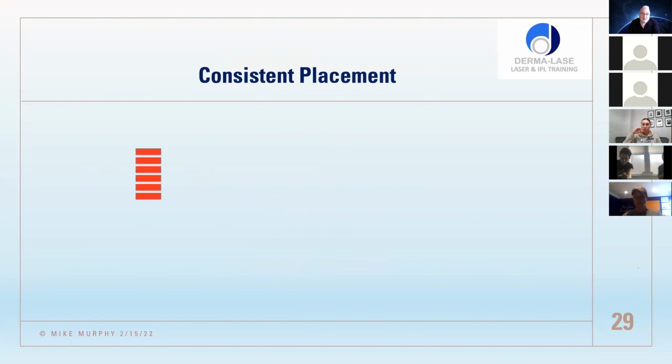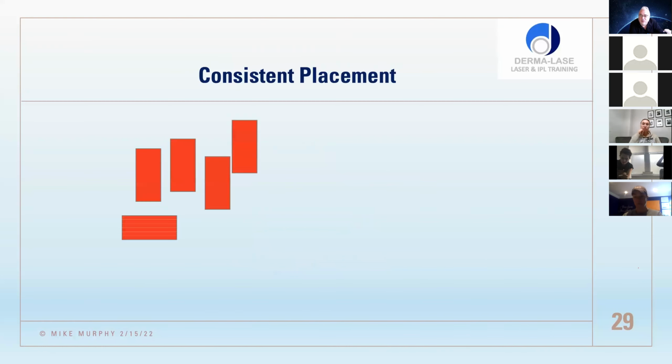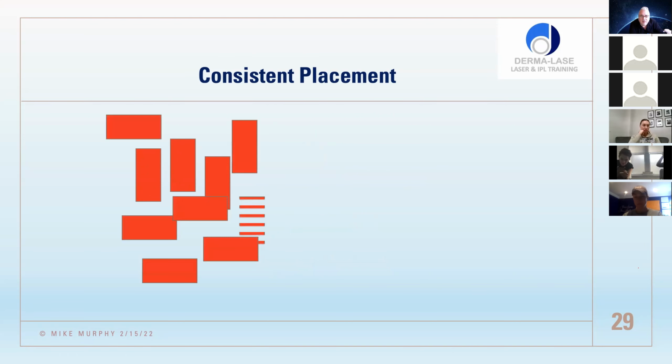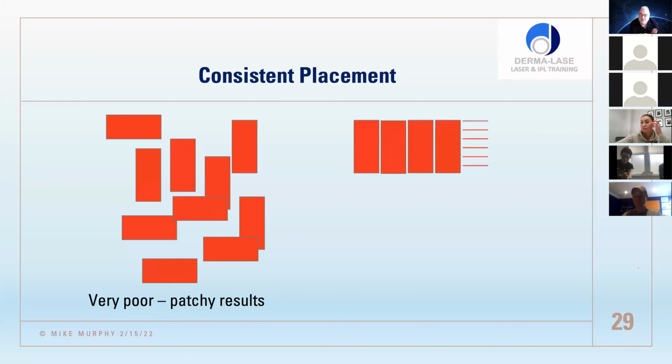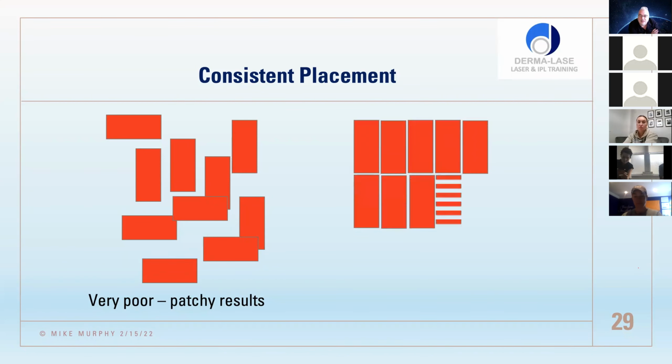And then placement. How often do you see this? People using diode lasers or IPLs, and they do this really bizarre pattern of shots on the skin, and there's big gaps in funny directions. And oh my God, it makes me weep. What you want to do is this. I mean, it's kind of obvious, isn't it?